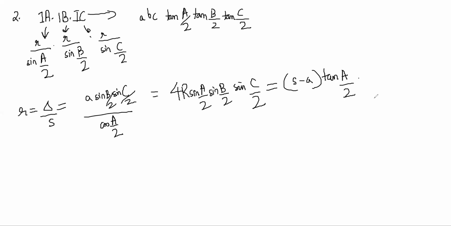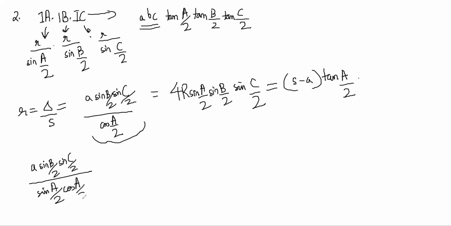So now which formula seems likely to be used? This one, no? Because you need to get ABC, right? So to get the ABC, you should use this formula. So if you divide R by sine A by 2, what? It becomes A sine B by 2 sine C by 2 by sine A by 2 cos A by 2, right?